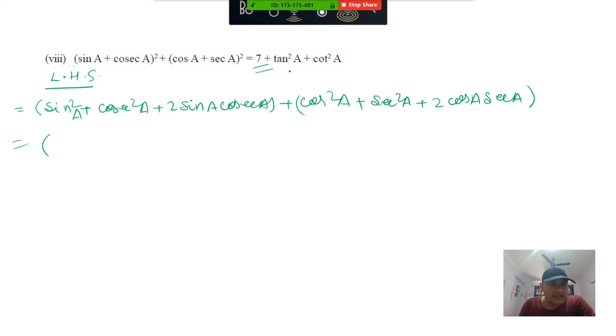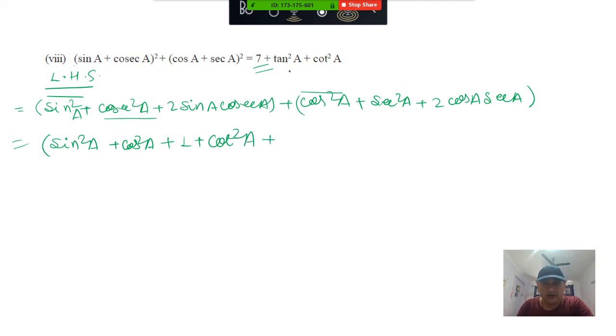Now this sin square a here and cos square a here, let's write them together: sin square a plus cos square a. That's very good. Another term we are having is cosec square a. The formula for cosec square a is 1 plus cot square a. If you don't remember the identities, this is 1 plus cot square a.